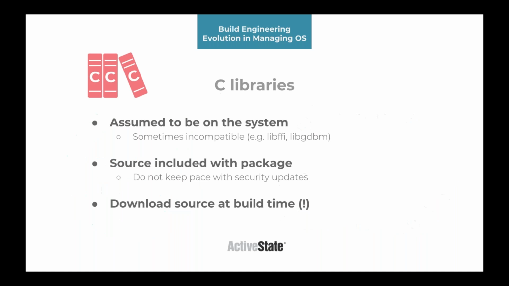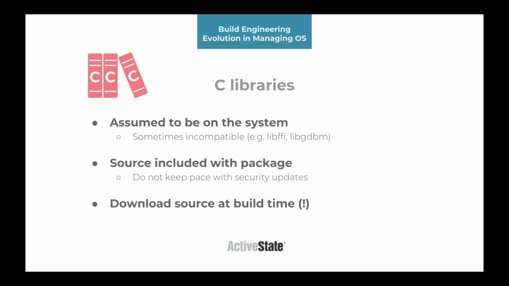Okay, next slide, please. So talking about C libraries, there seem to be three ways that people manage these dependencies. Sometimes they assume that they're already on the system, which is basically just kind of ignoring the dependency. Sometimes they will be included with the package source. So sometimes you'll find that something that depends on, for example, libxml will incorporate a copy of libxml in its source and build it as part of its build time.